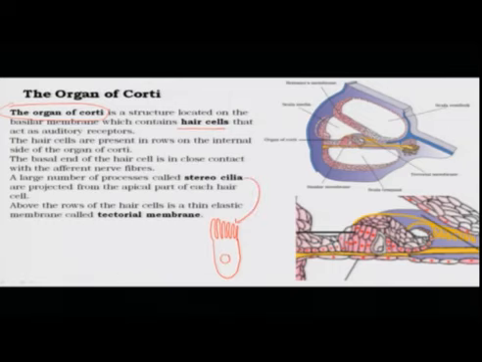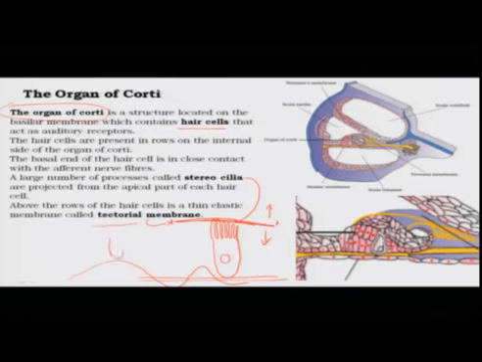These stereocilia are all connected to a membrane on top, which is called the tectorial membrane, and then the basilar membrane is at the bottom. So, the hair cell is actually spanning the tectorial membrane and the basilar membrane. The tectorial membrane is a rigid structure and it cannot move in either direction, but the basilar membrane is going up and down. So, what happens when the basilar membrane goes up?